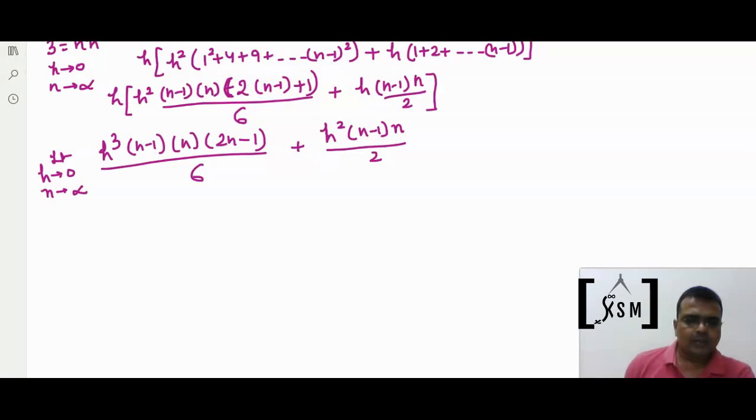What we will do, guys, we have h cube, so 1 h we will put inside the bracket. See what happens.